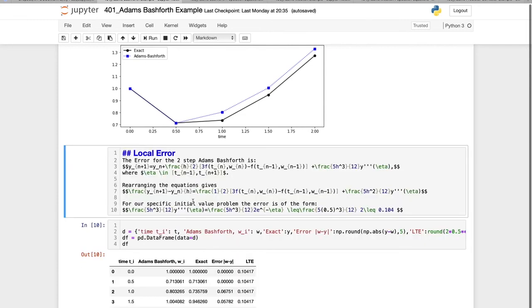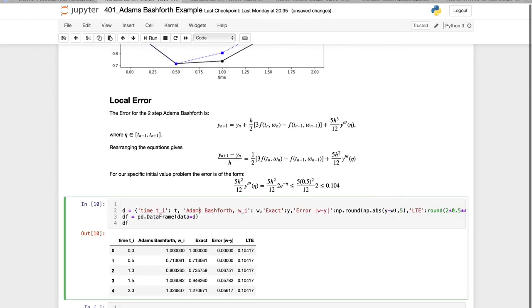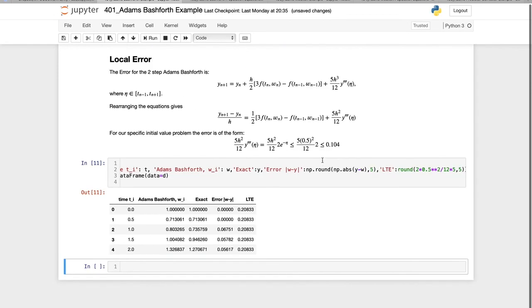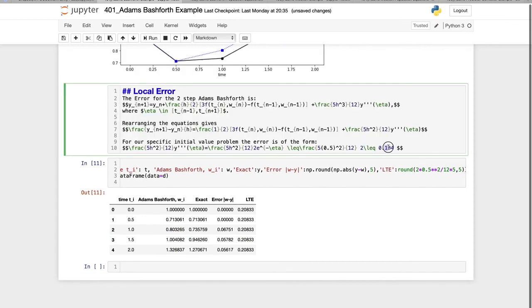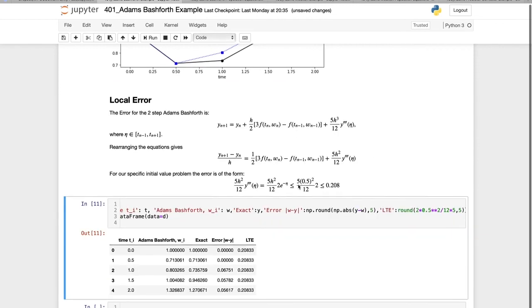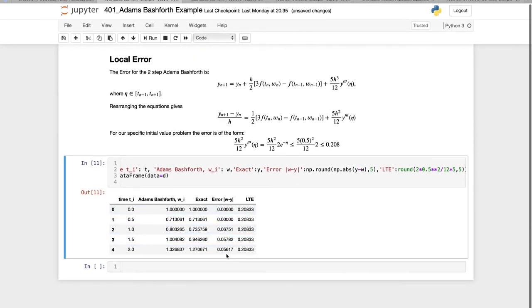We solve for the local truncation error, and we now have an upper bound for our value. So we have an upper bound of our local truncation error. Now the exact error is much smaller, but that's always the upper bound.